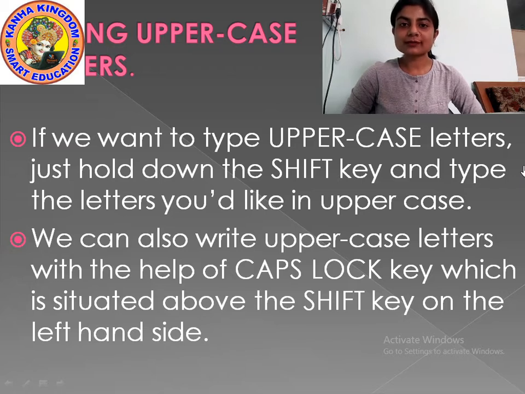Students, when you click the caps lock key, on the right hand side you can see a small light or flash. It lights up, isn't it? Then you come to know that the caps lock key is on, and again if you click on the caps lock key, that small light gets turned off. It means that the caps lock key is turned off, and now you cannot write the uppercase letters, and the letters will be written in small letters.